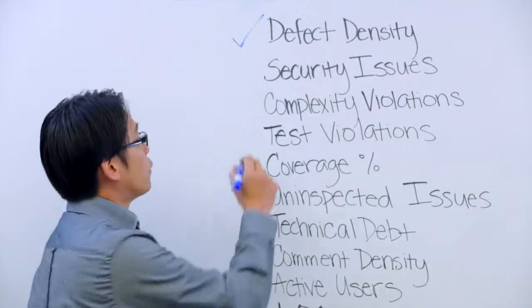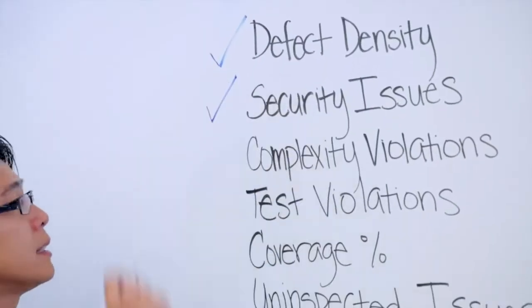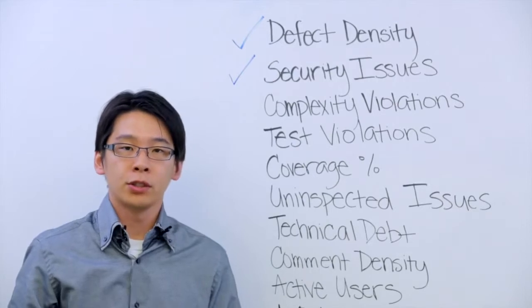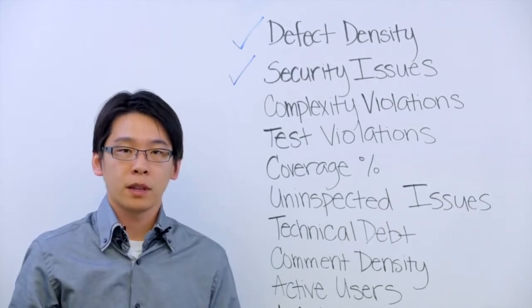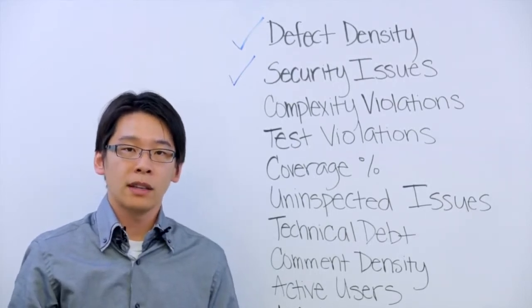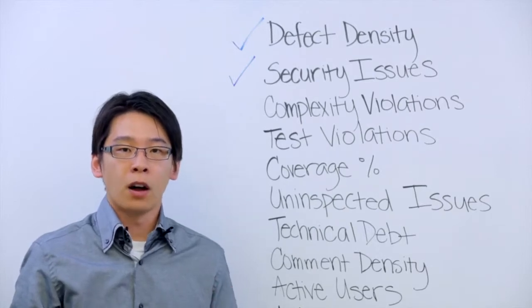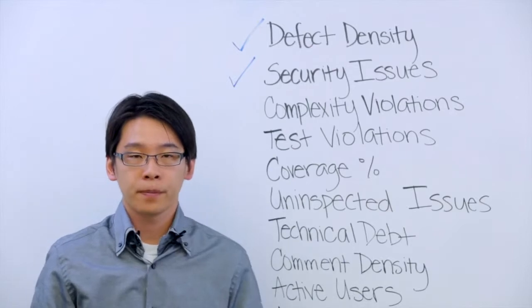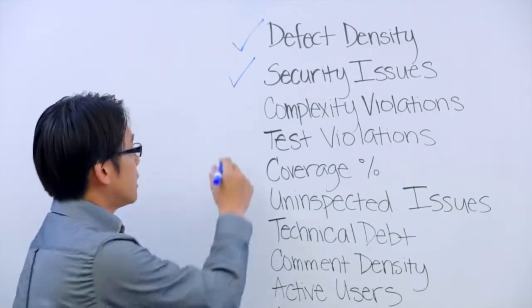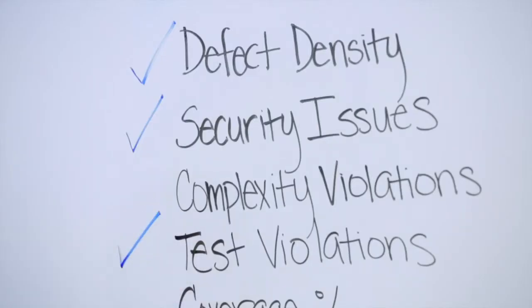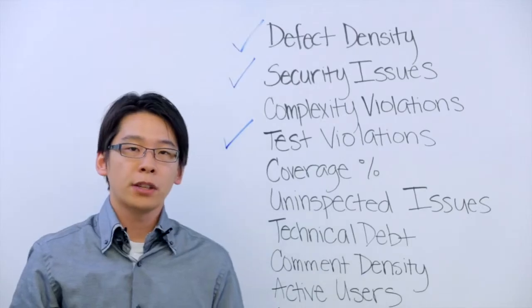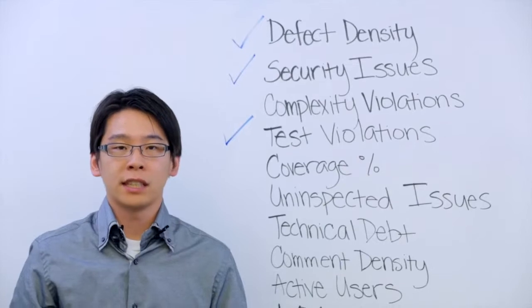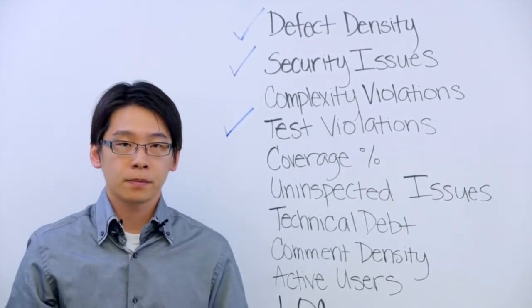The second thing I want to focus on, perhaps, is security. I want to make sure that there are no known security issues when I release this product, because the last thing I want is headline news on a security breach leading to data loss from this product. And finally, perhaps I want to focus on test violations, because I want to make sure that all the core components of this product are fully tested by my developers.